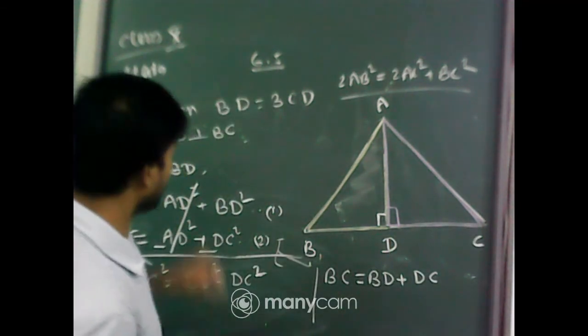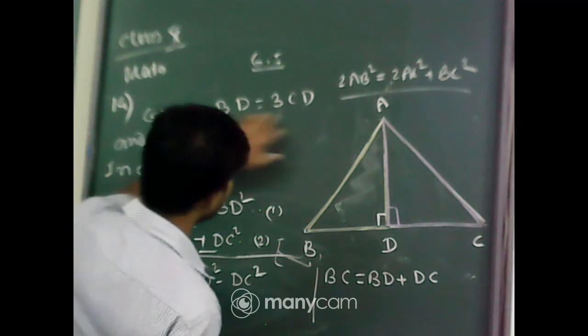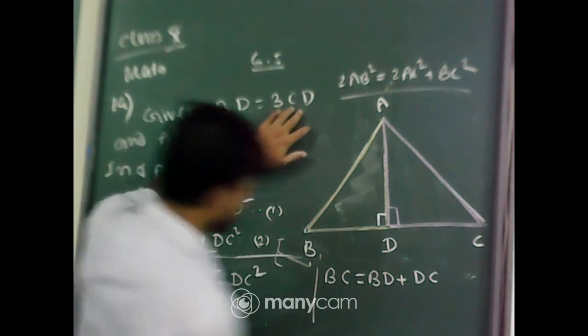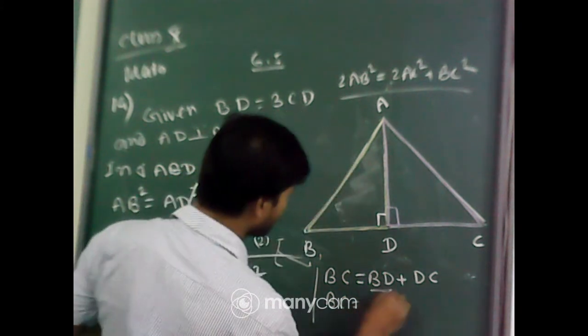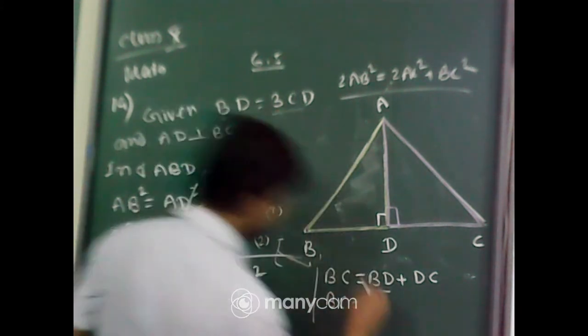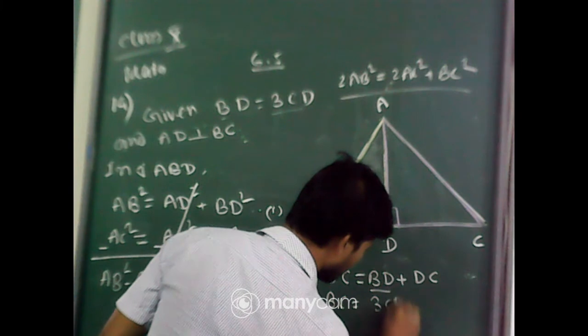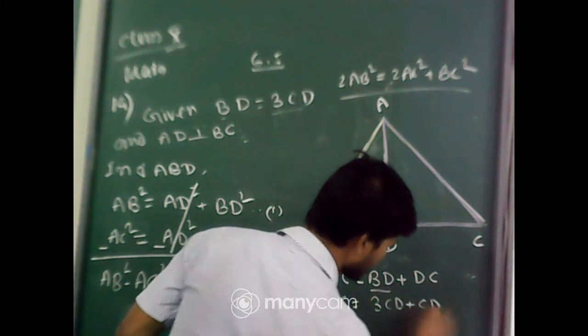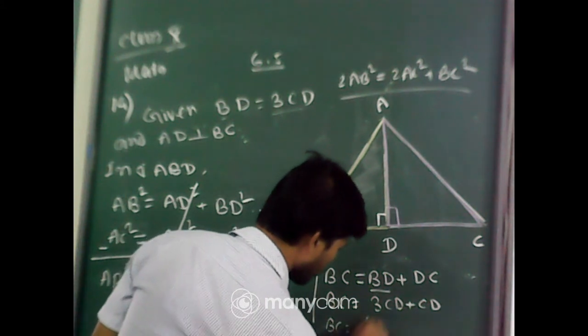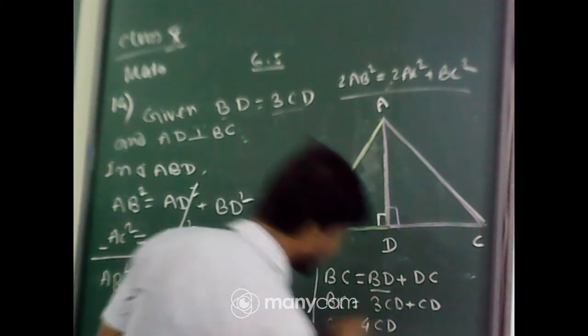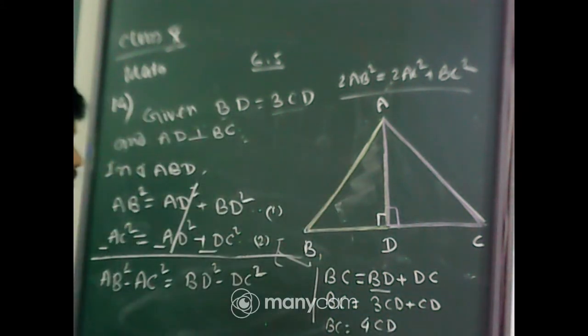Obviously we can write. Now in place of BD, put 3 CD. So BC equal to 3 CD plus CD. That means BC equal to 4 CD.